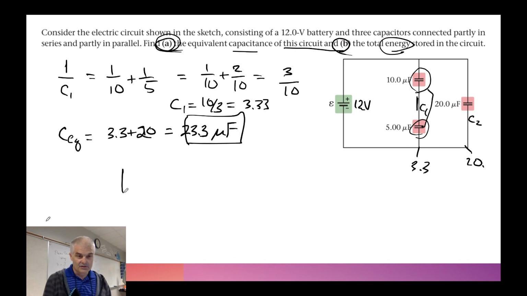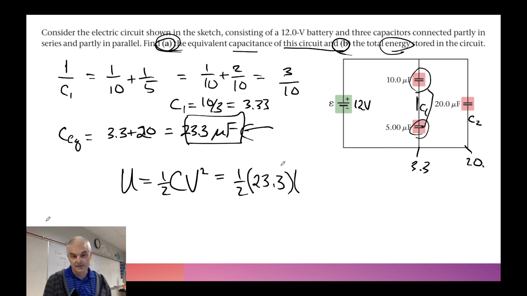Well, remember, energy is this equation: U equals 1/2 times C times the voltage squared. So we're just going to plug this in: 1/2 times the capacitance, which is the number we calculated here, 23.3 times 10 to the minus 6th, because that's in microfarads, times the voltage, which was 12, squared.